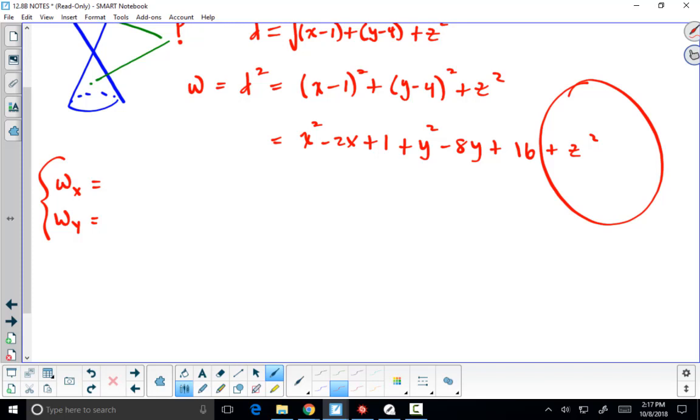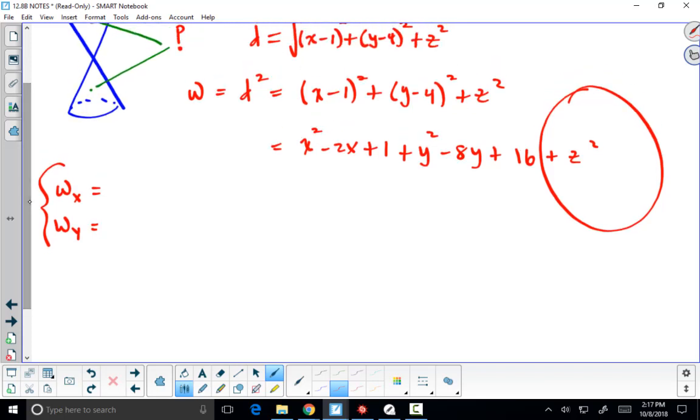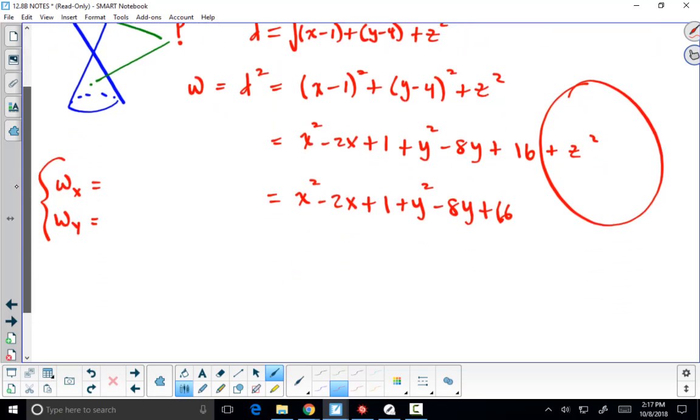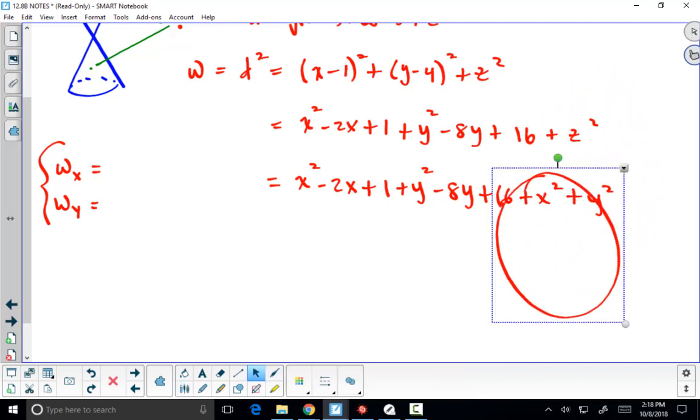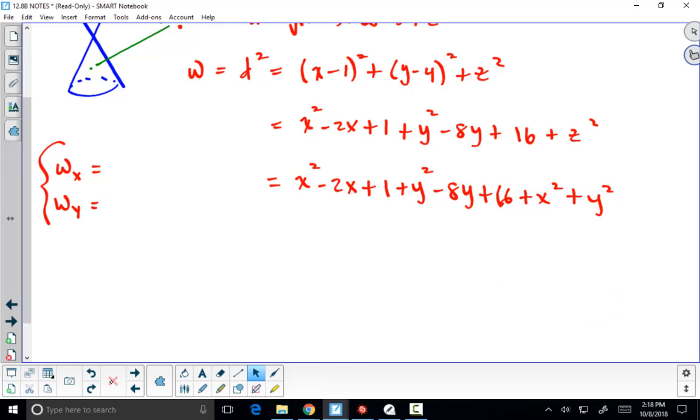So we are going to rewrite the distance squared formula with our z squared, and z squared is x squared plus y squared. So we are now finding the distance between the point and the cone. Does that make sense?